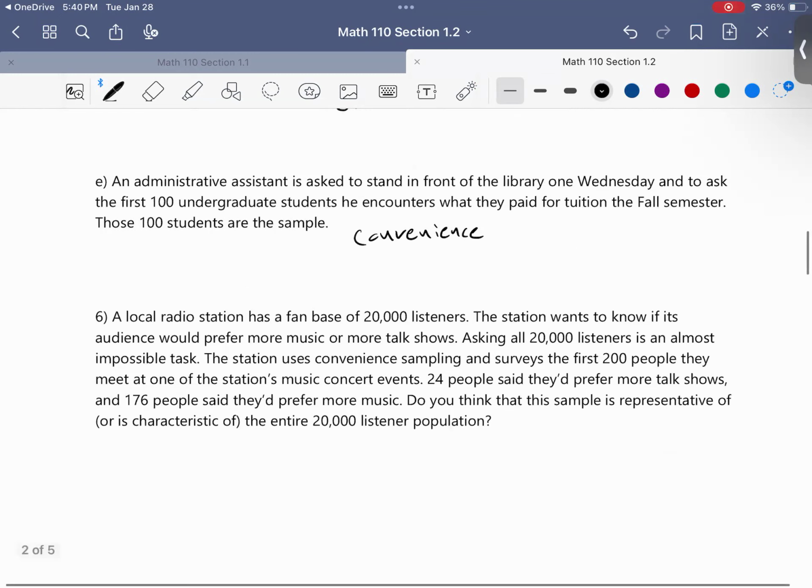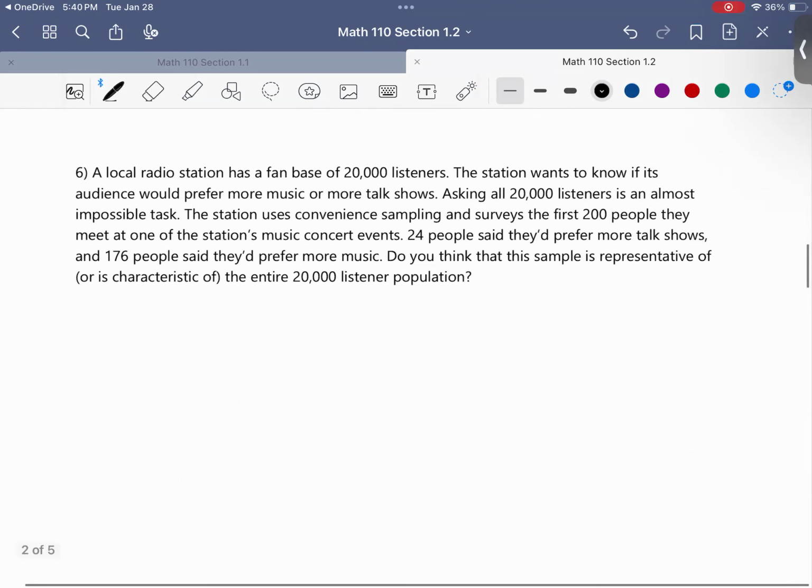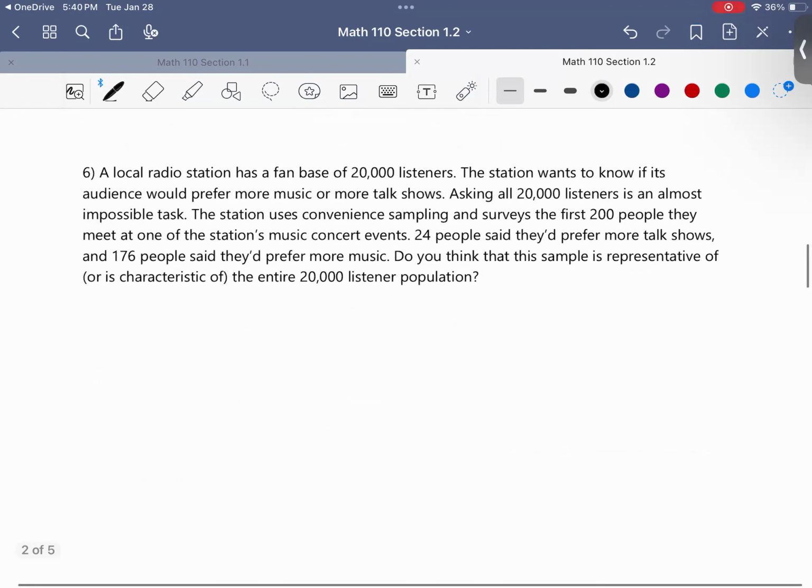Okay, the last question is number 6. This question states, a local radio station has a fan base of 20,000 listeners. The station wants to know if its audience would prefer more music or more talk shows. They ask all 20,000 listeners, an almost impossible task.